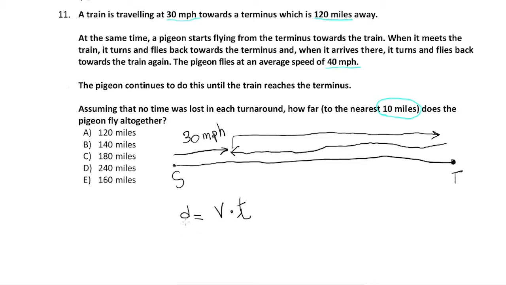So the first thing that we want to do is to rearrange this equation to find the time it takes the train to actually arrive at the terminus. So we have to divide by the speed. So we can see that the time is equal to the distance divided by the speed.